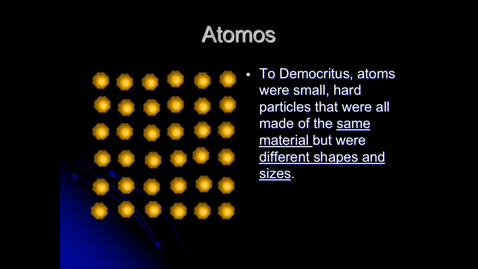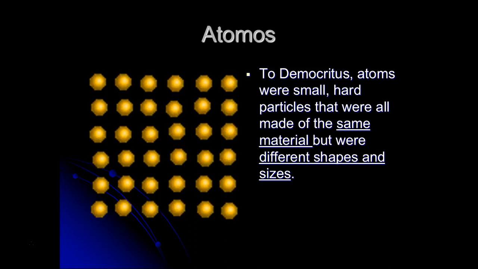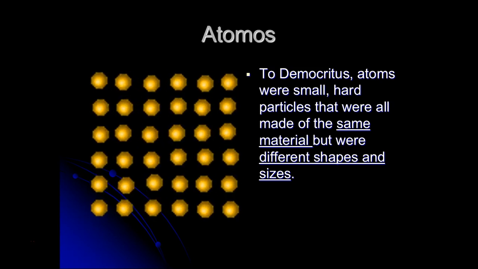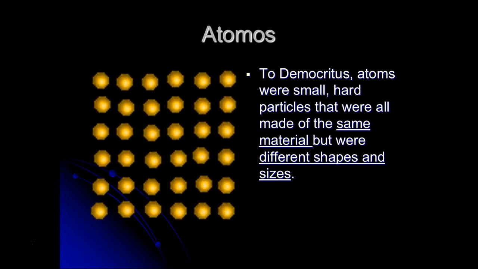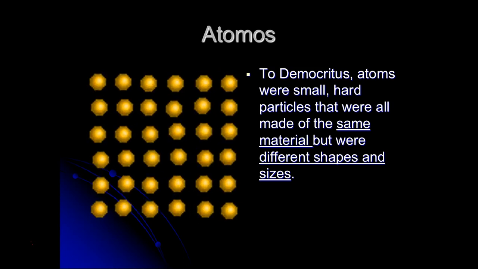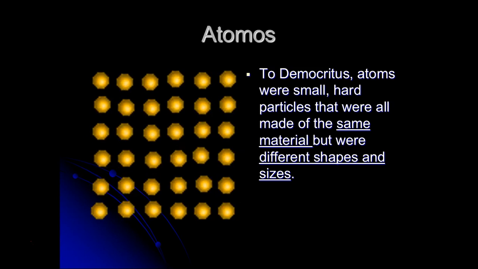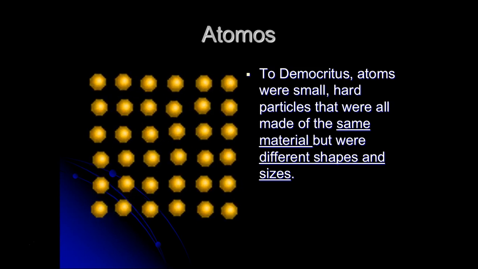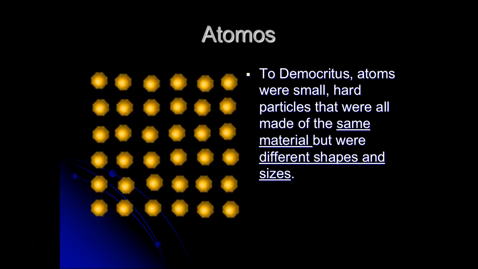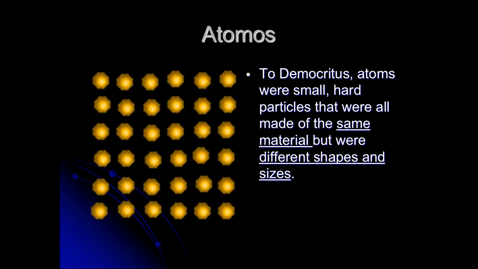Water might be smooth and slippery like pebbles that slide past each other because water is a liquid. So he thought atoms had different shapes and characteristics, but that they were all made of the same material, and the smallest one was as small as you could get.